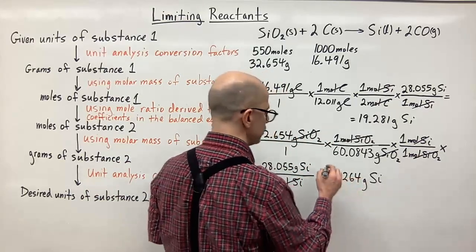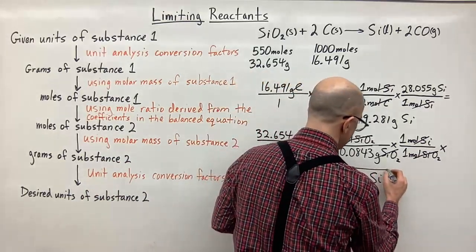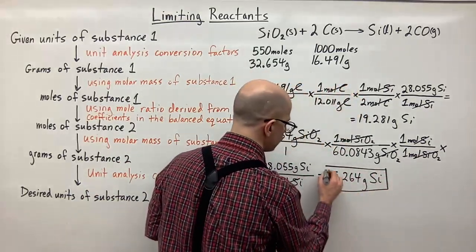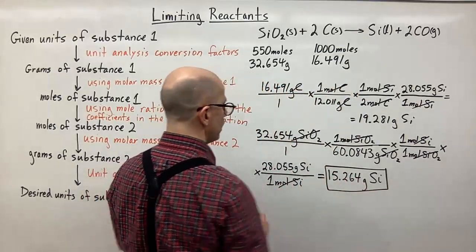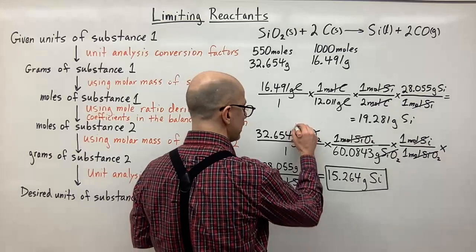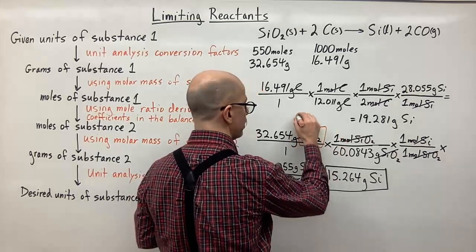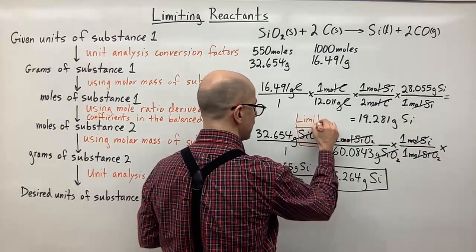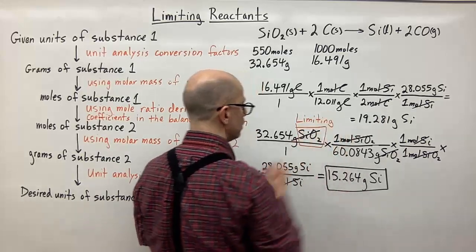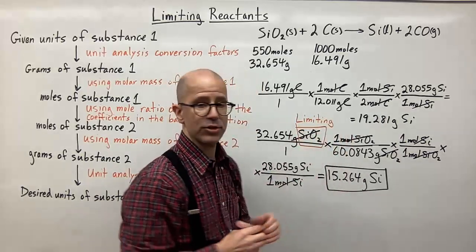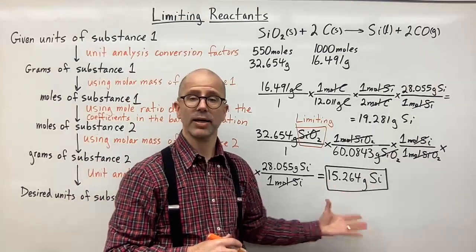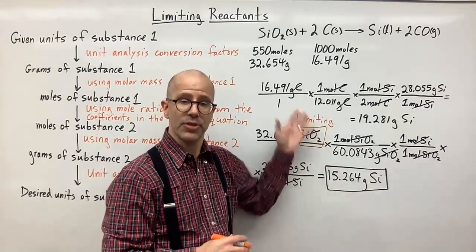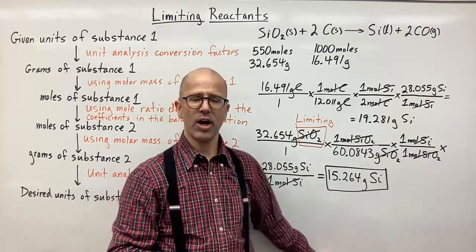So this, ladies and gentlemen, is the maximum amount that I can get, which means that in this case, the SiO2 here is limiting. So the SiO2 is my limiting reagent, and this is the maximum amount of product I can get from this reaction. So I hope this was helpful.